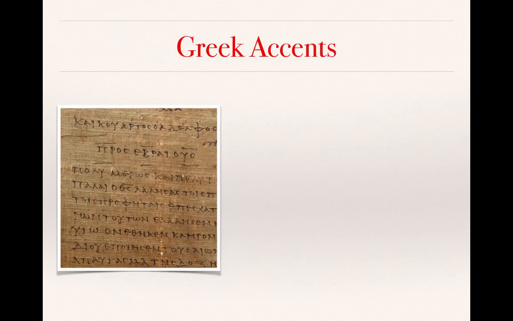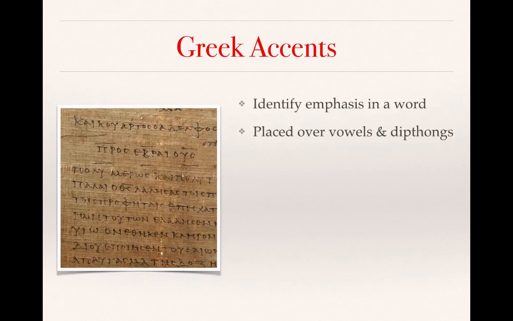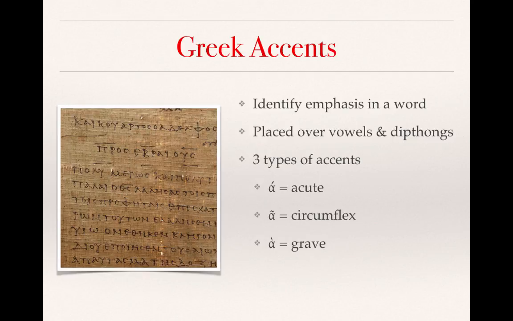All right, so let's just briefly talk about Greek accents. Greek accents identify emphasis in a word. They are placed over vowels and diphthongs, and there are basically 3 types of accents. The acute, which is that sort of dash going to the left. The circumflex, which is either a squiggly over a letter, or sometimes you'll see it as just a half circle.